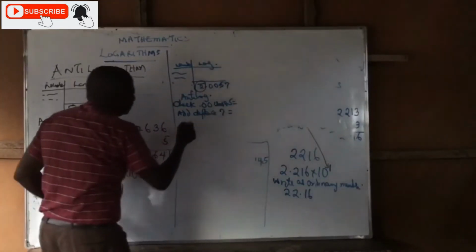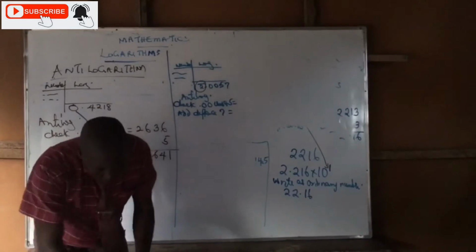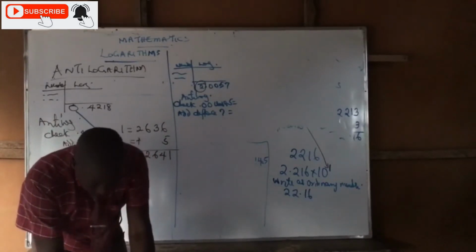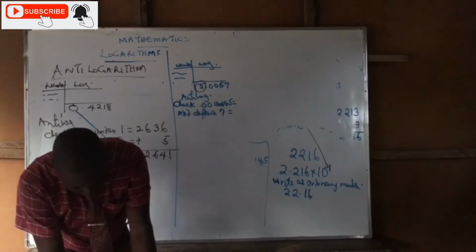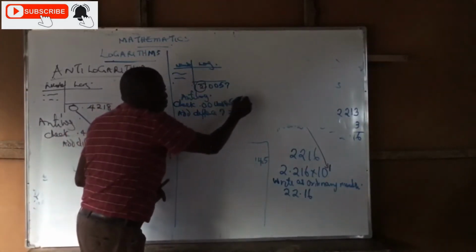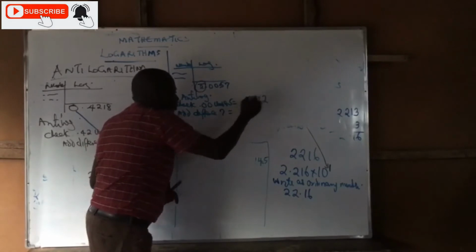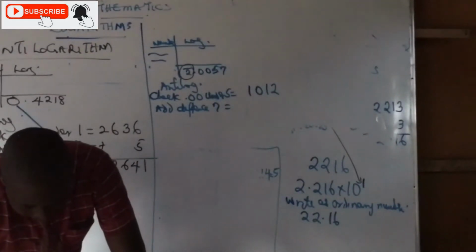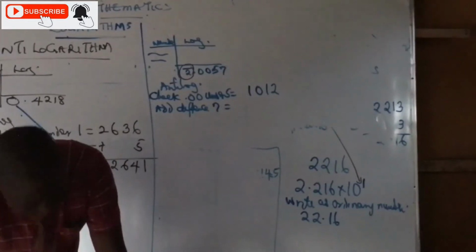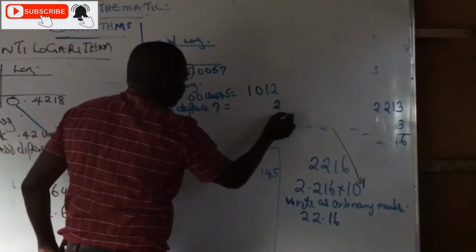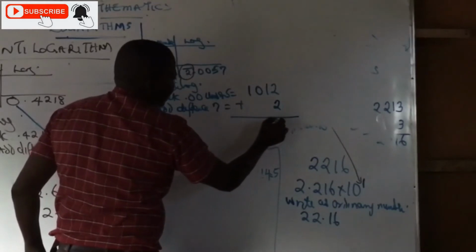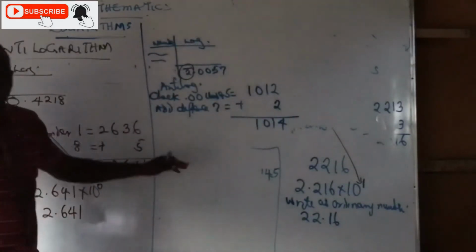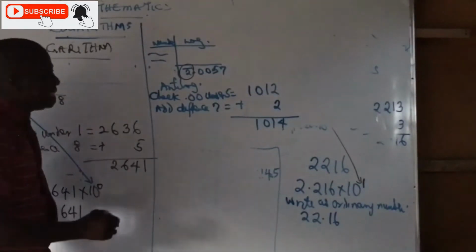So we now see 0.00 under 5. That is 1012. The difference of 7 on that line is 2. We add. This will now be 1014.